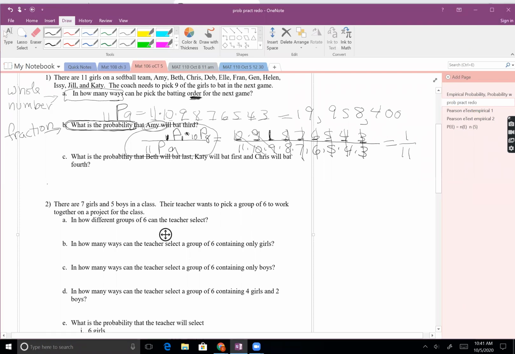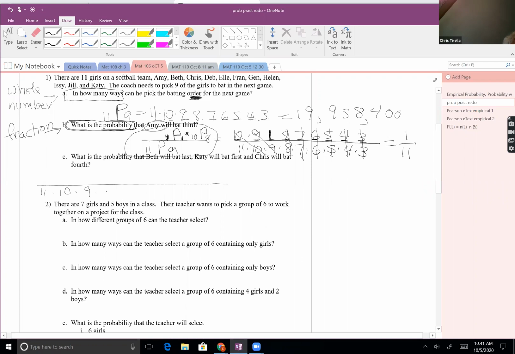Can we do both? Sure. Which do you want to do first? The fill in the blanks? So filling in the blanks, there's 11, 10, 9, 8, 7, 6, 5, 4, 3 ways of picking them.